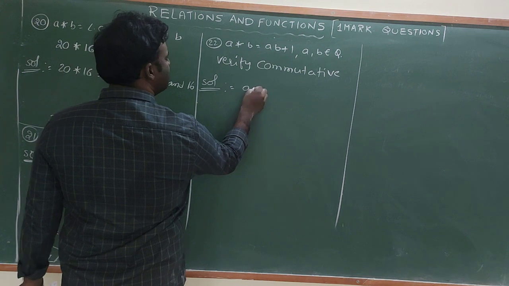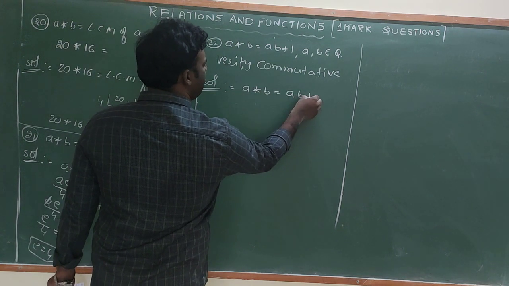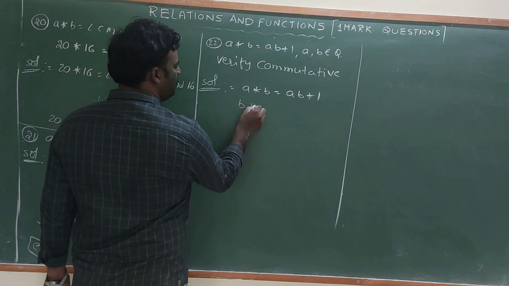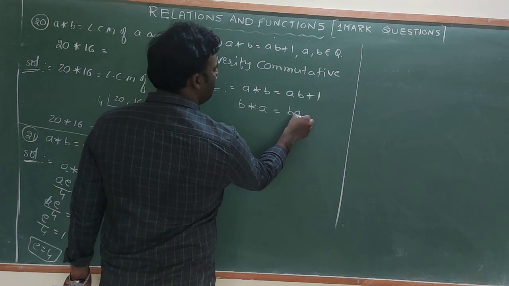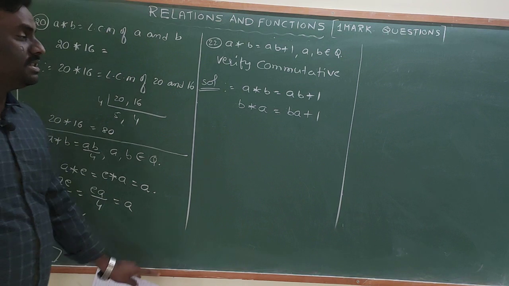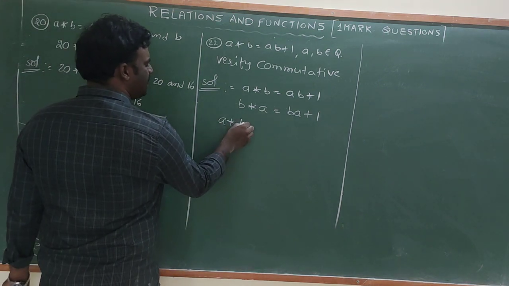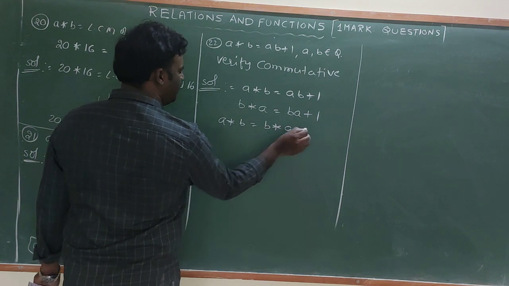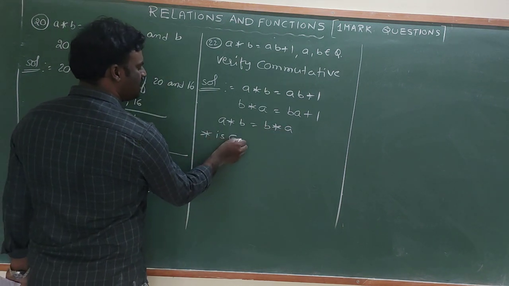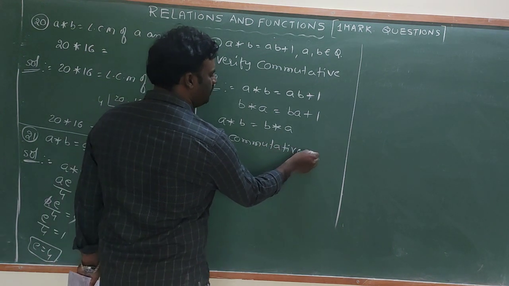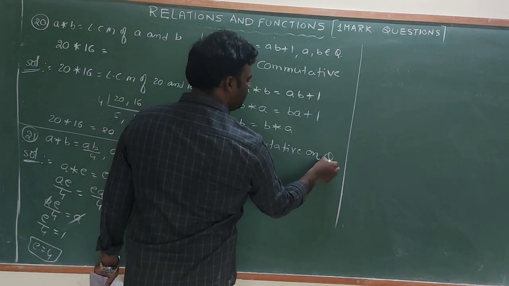First I am finding A star B. A star B value is AB plus 1. Next I will find B star A. B star A value is BA plus 1. This AB plus 1 and BA plus 1 both are same. Therefore, A star B is equal to B star A. Then star is commutative on what is the given set? Q.